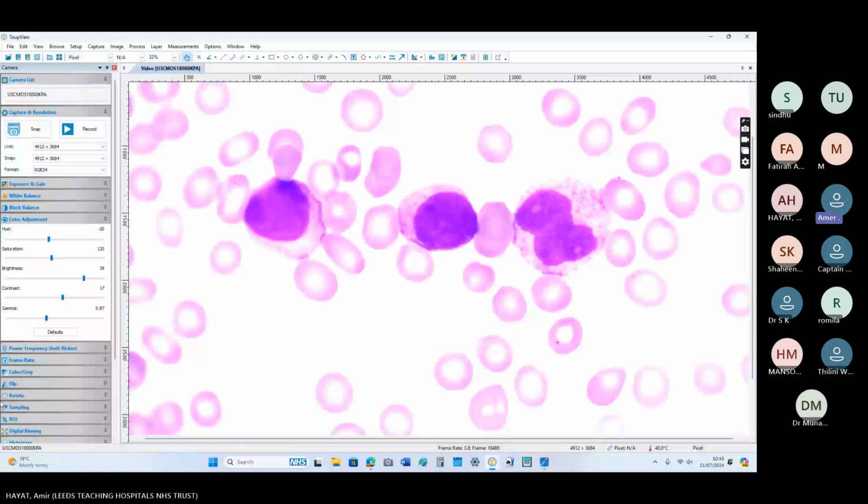Okay. What investigations should be done for this case to confirm the diagnosis? So I will send the blood urgently to HMDS for FISH analysis of 15;17 and obviously flow cytometric analysis. These are the urgent investigations.